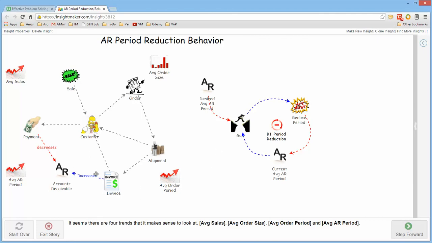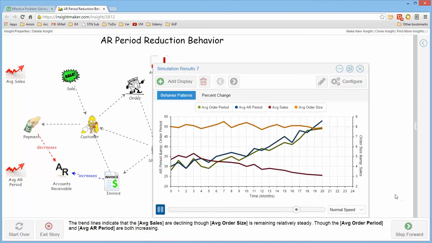And when we look at the historical value of these four variables, we find that the average order size has remained pretty much the same, though the average sale has been declining, while the order period and the accounts receivable period have both been climbing, which is probably indicative of something, though simply looking at the trends, it's not possible to tell why this is happening.